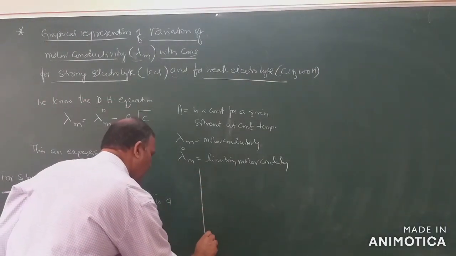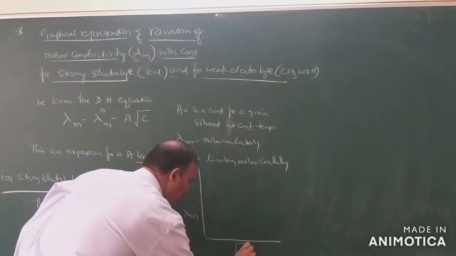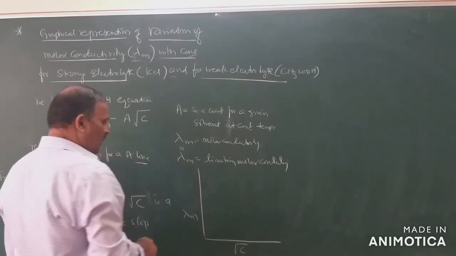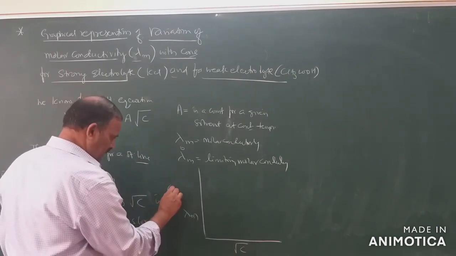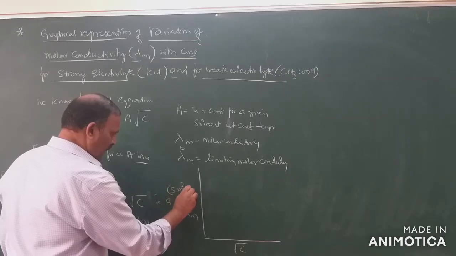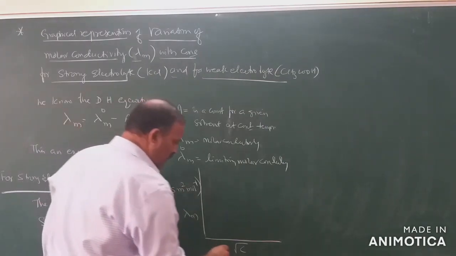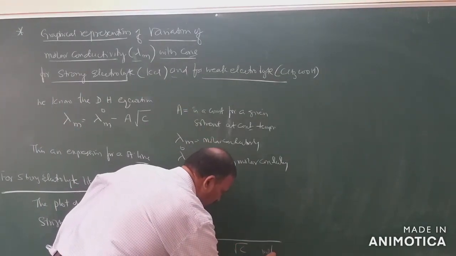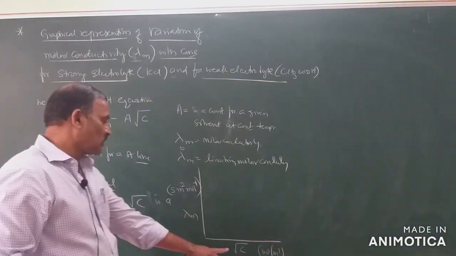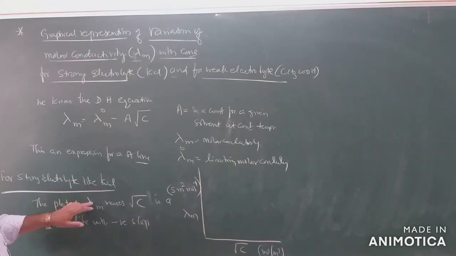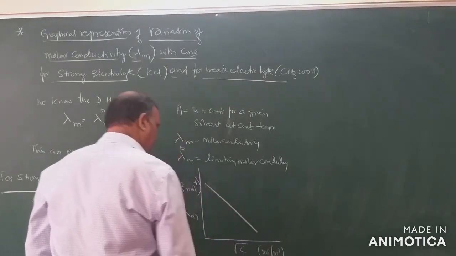Say for example, if you plot lambda m versus root C, here lambda m, what is lambda m? Molar conductivity. Here molar conductivity is expressed in Siemens meter square mole minus 1 in SI system. So concentration is in moles per meter cube. So if you plot lambda m versus root C for strong electrolytes like KCl, it is a straight line with negative slope like this.